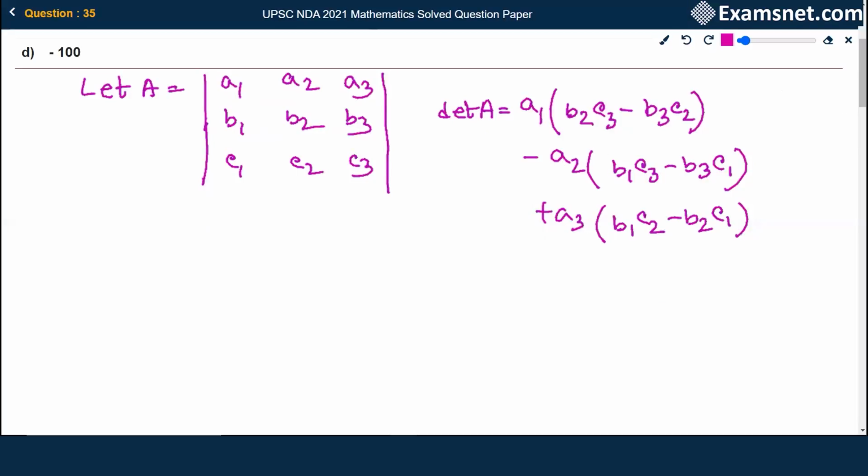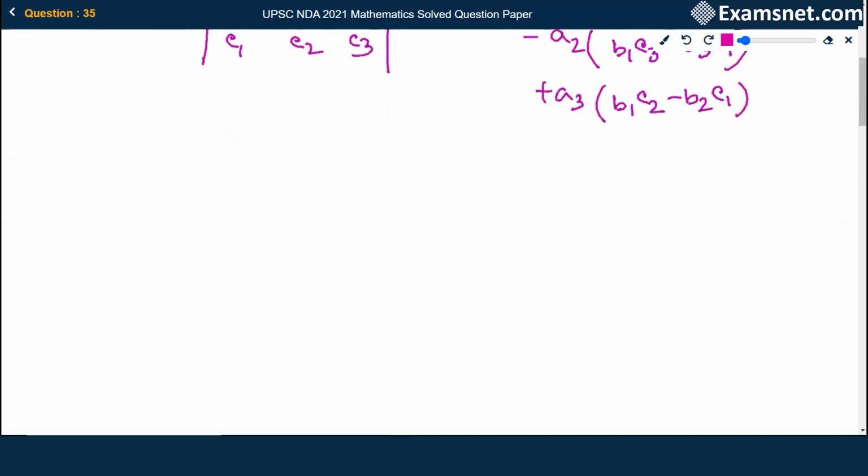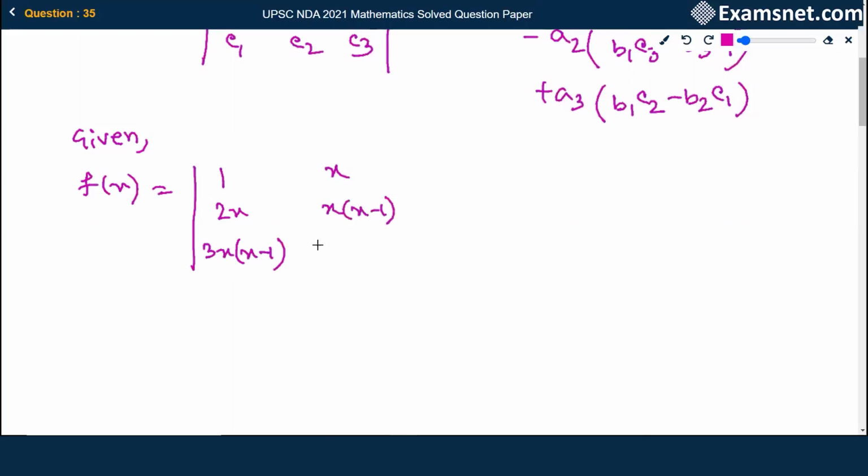Okay, so here we are already given the determinant, that is f of x. Let me first write it, the given determinant. F of x is given as 1, 2x, 3x multiplied by x minus 1, x multiplied by x minus 1, 2, x minus 1, x minus 2.